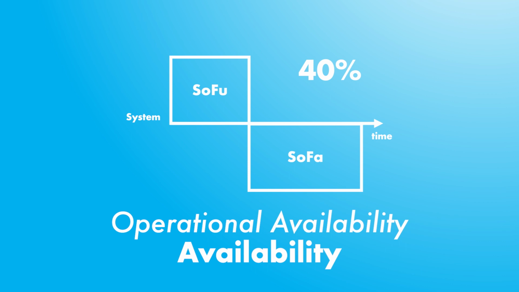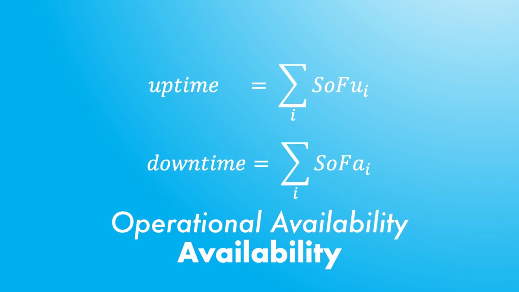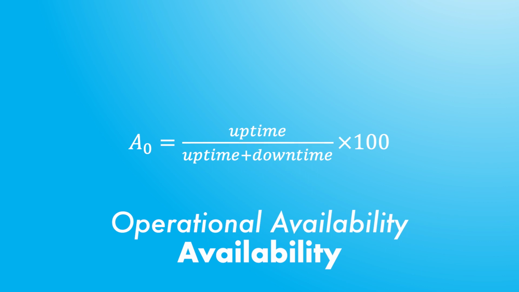It is calculated based on actual events that have happened to the system. The operational availability is the uptime over the uptime plus the downtime. And because there is a relationship between the state of functioning and the uptime and the state of failure and the downtime, we can transform this equation into the following.